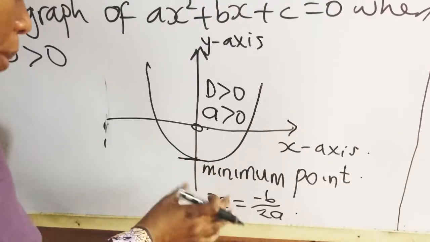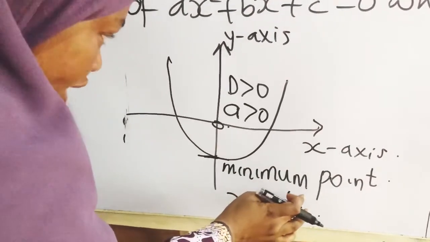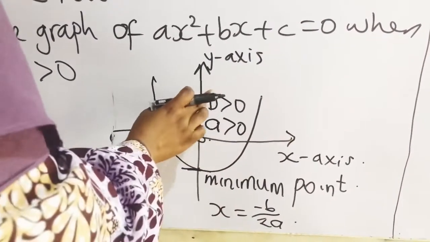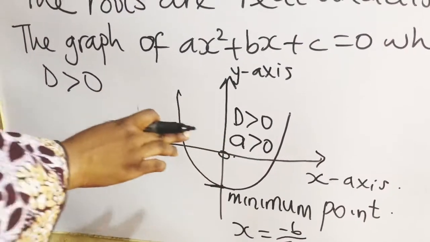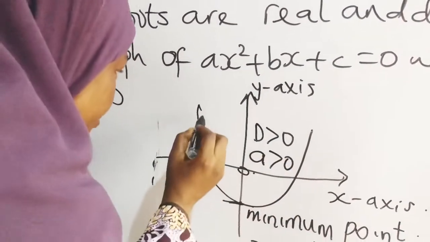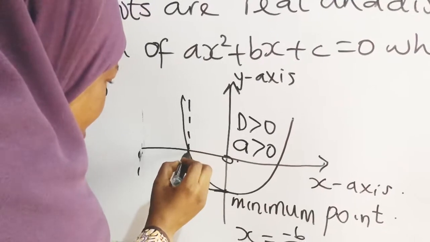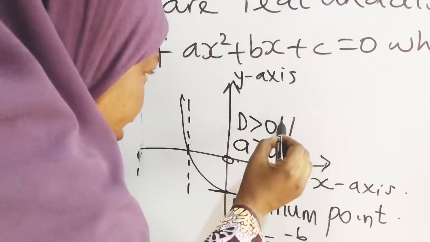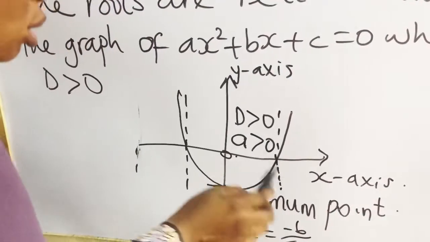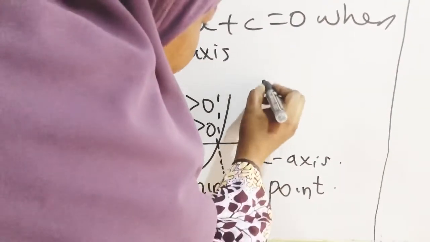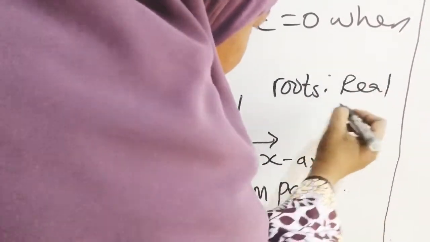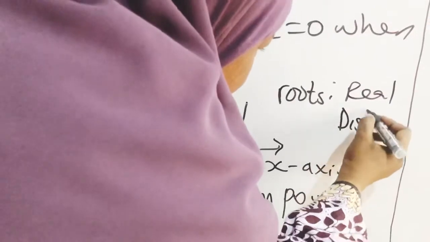When it looks up, it has a minimum point. When it looks down, it has a maximum point. Here, d is greater than 0 and a is greater than 0, so it touches the x-axis at 2 points. So the roots are real and distinct.